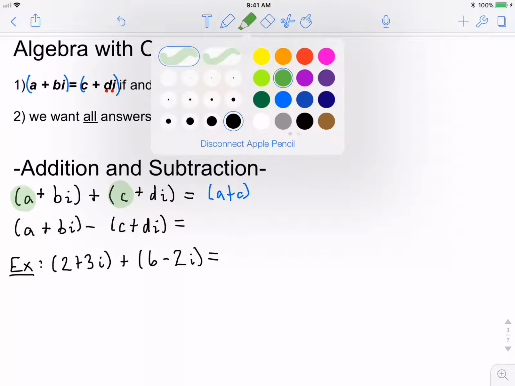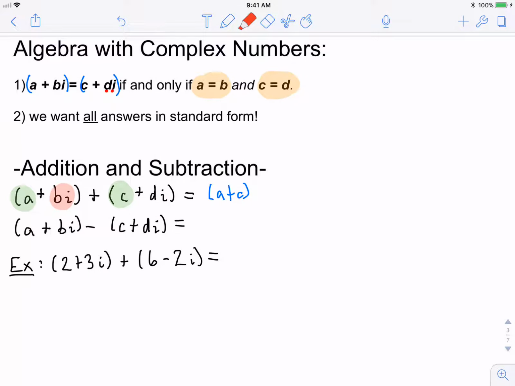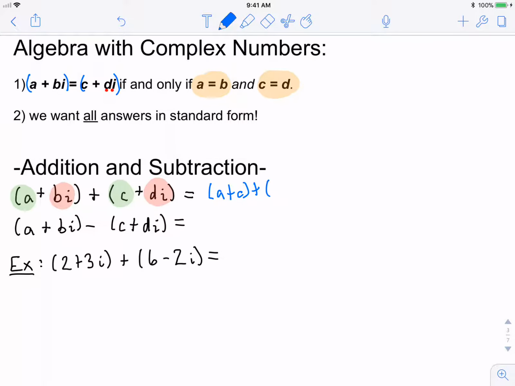And then our algebra says we're allowed to combine the imaginary parts. So this is plus b plus d, and they both have an i in there, so I can just factor it out. So my real part becomes a plus c, my imaginary part becomes b plus d, and now it's in standard form.